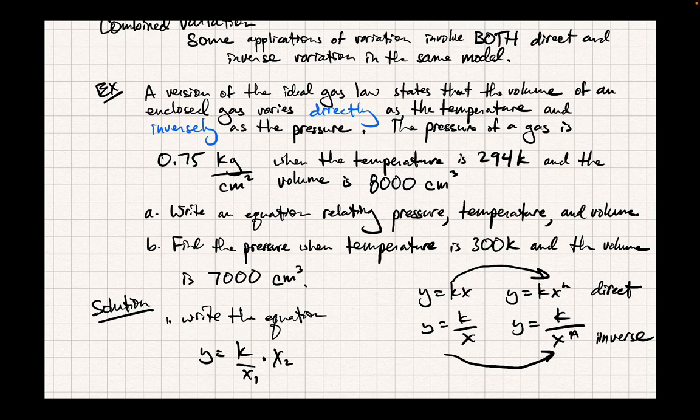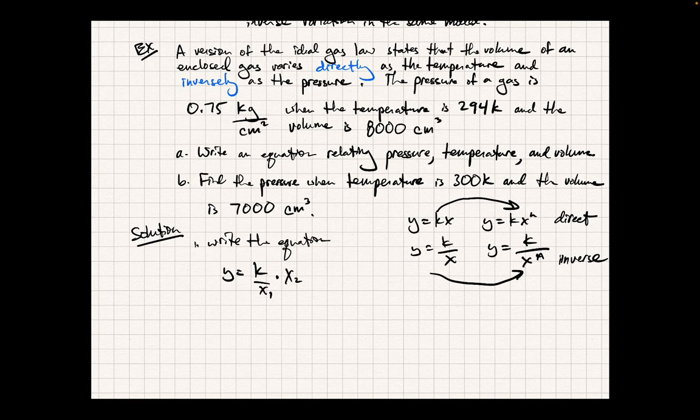It matters where they go in the fraction. Step 2, name variables. I think volume is going to be x1 because you can do x to the n. So I'm just going to say let V be volume.